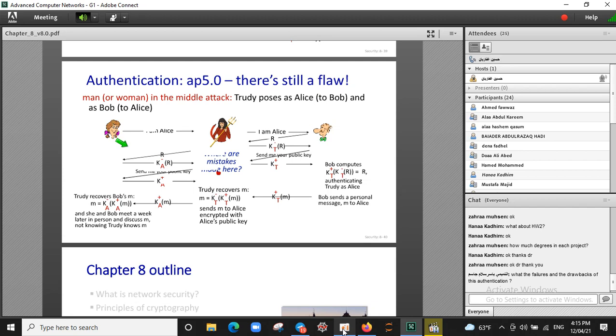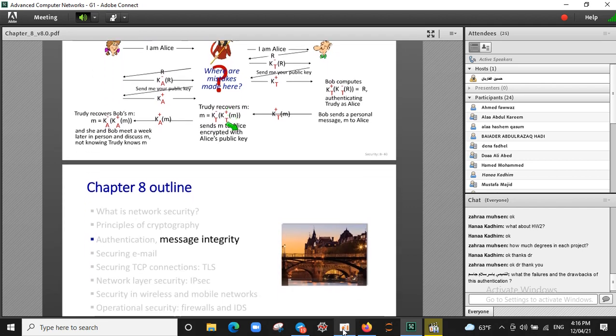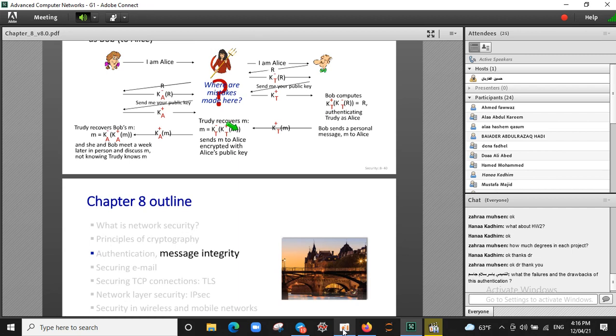After this authentication mechanism, Alice thinks that there is Bob on the other side, and Bob thinks, okay, this is Alice in my communication. But we know that is not true. Okay? So we should be clear about this.